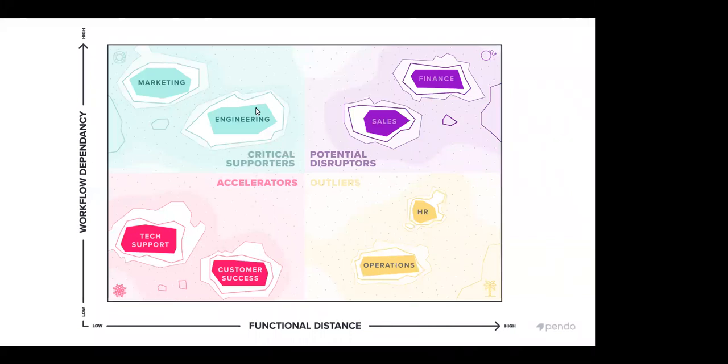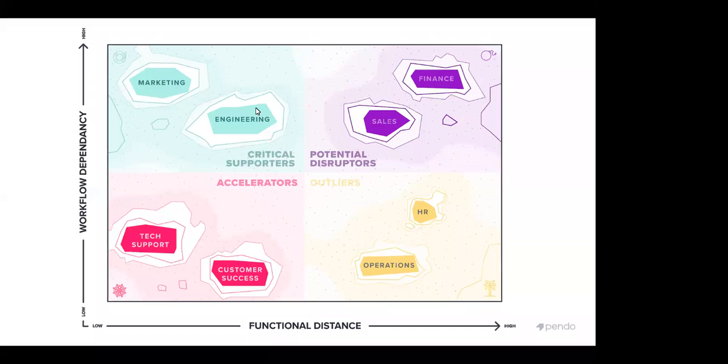So those are the four quadrants, and within those quadrants, we chose really 2 examples for each one. These examples aren't meant to be the only ones, nor are they necessarily the correct ones for your organization. So when looking at this model, I really do encourage people to think closely about whether it matches their exact organization.